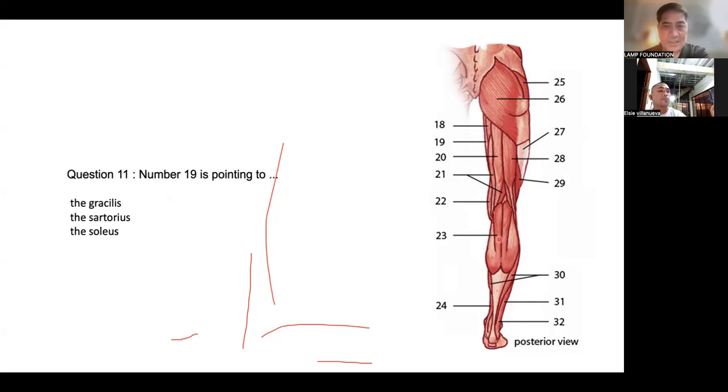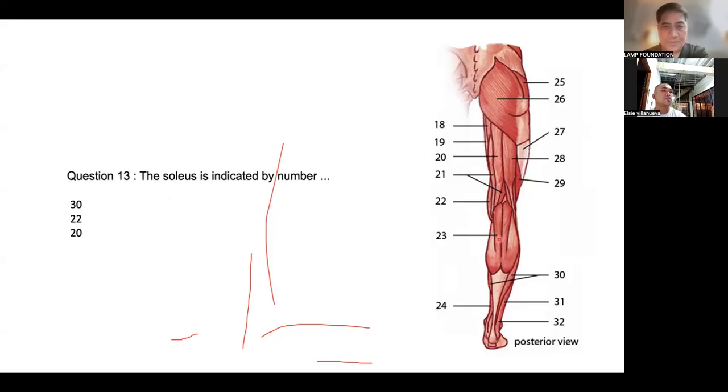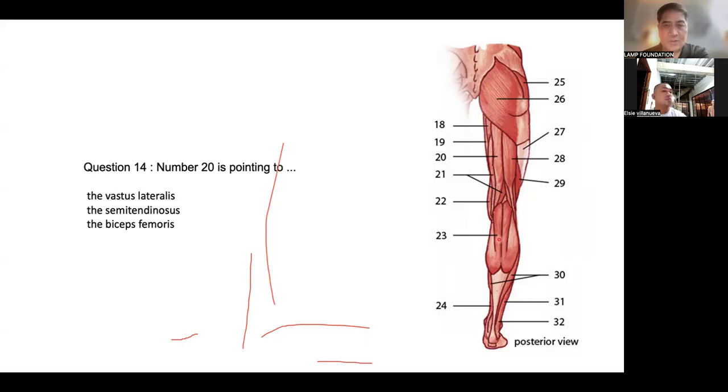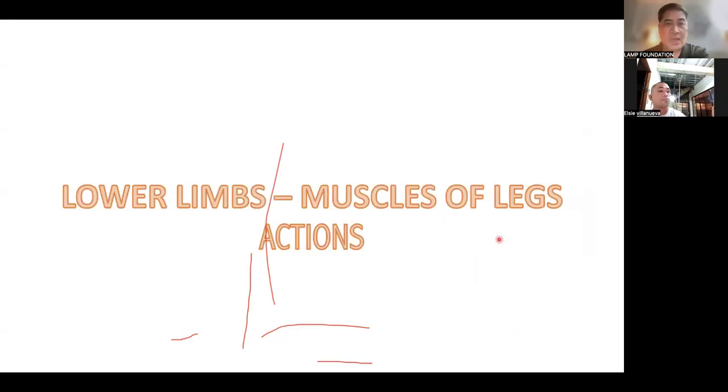Number 19, gracilis. Number 21, semimembranosus. Soleus, number 30. Number 20 is what? Semitendinosus. Fibularis longus, what number? Number 31.